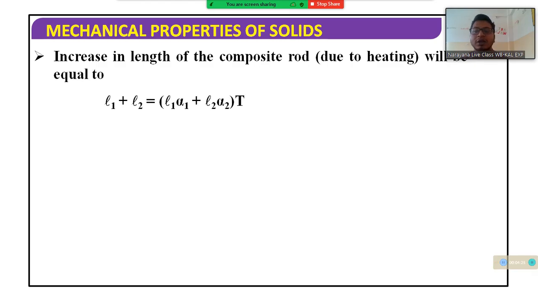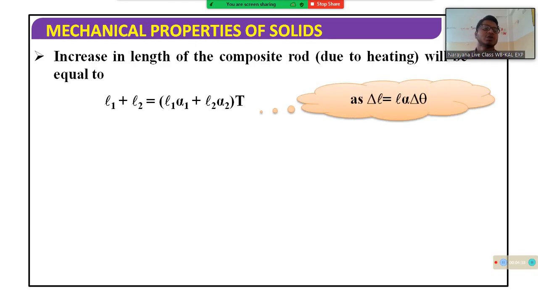It will be L1 alpha 1 plus L2 alpha 2 into T. Delta L equals L alpha into d theta.